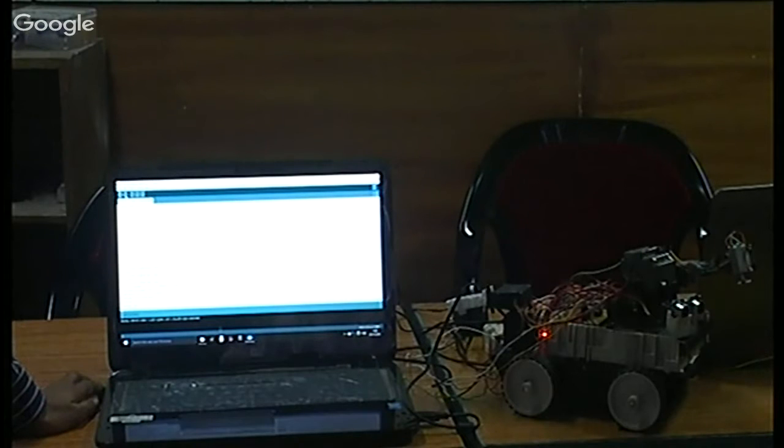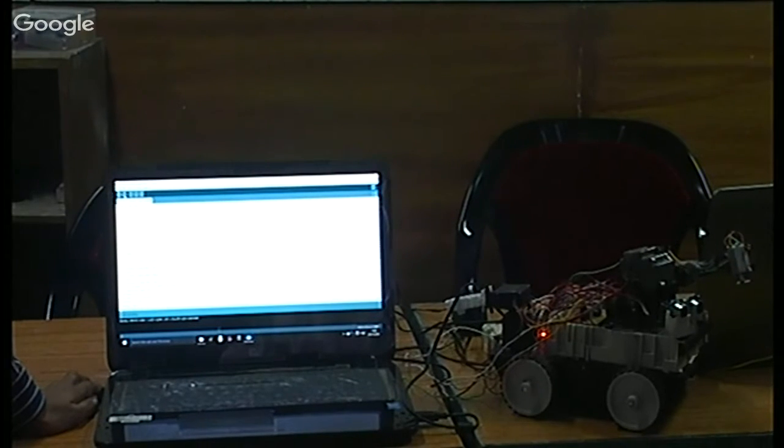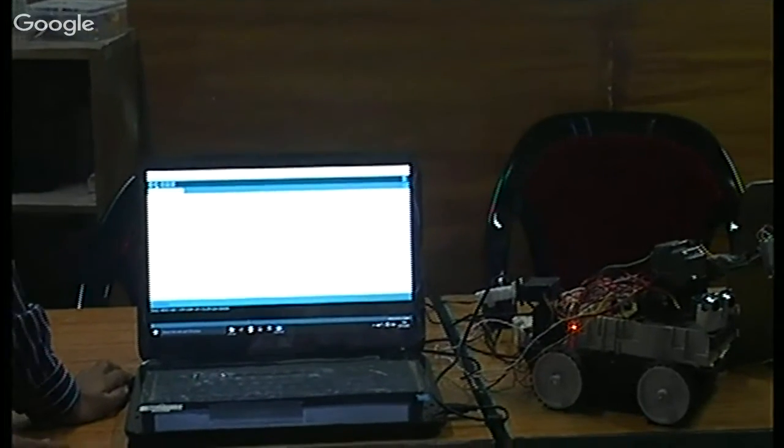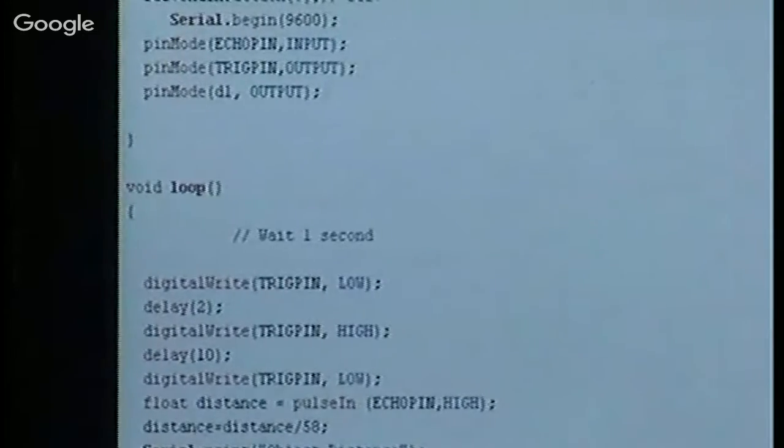This is the Arduino IDE as you see on the screen. Now we have to change the code, and then we have to burn this code in the microcontroller of the Arduino.